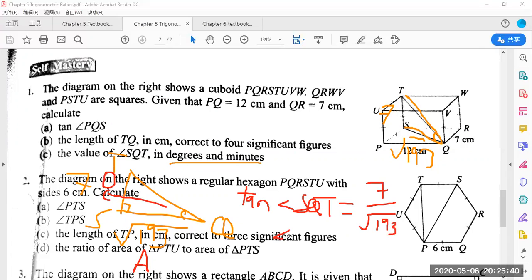So we need to find angle SQT, equal to shift tangent of 7 over square root 193. So what is the answer? Calculate.